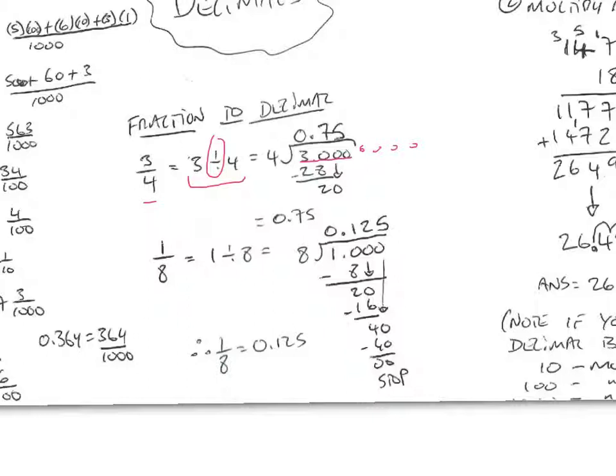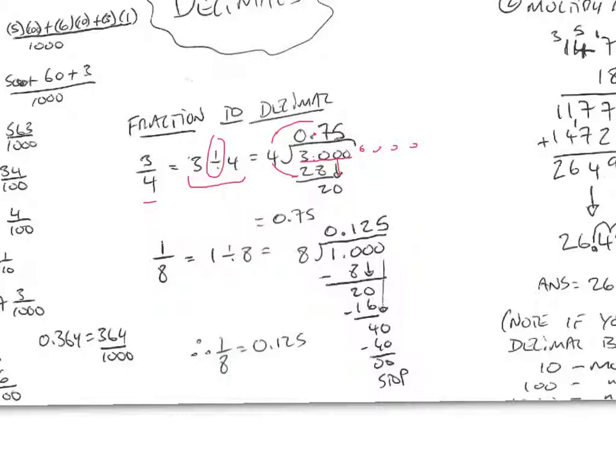So if we're dividing 4 into 3.00, we move our decimal point up from below, up above, and we say 4 into 3, well that won't go, so we get 0. 4 into 30 goes 7 times, and 7 times 4 is equal to 28. We take the 28 from the 30, and that gives us 2, and we bring down our 0, as we do with long division.